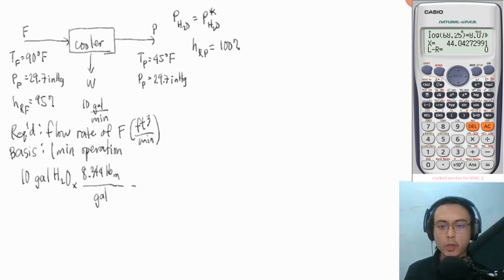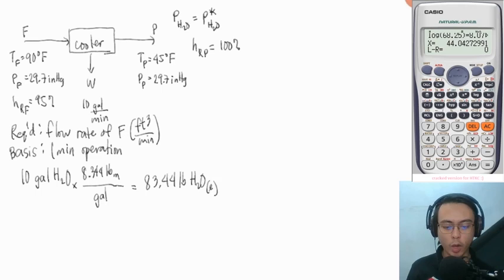So we have a value of the pounds of water required. Times 10. So that's 83.44 pounds of liquid water. Now, in some instances, you might also want to have this value of the water in terms of moles. So if ever we will be needing it in moles, we will just be converting it later. Okay?